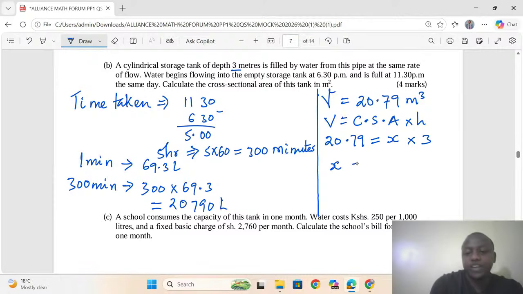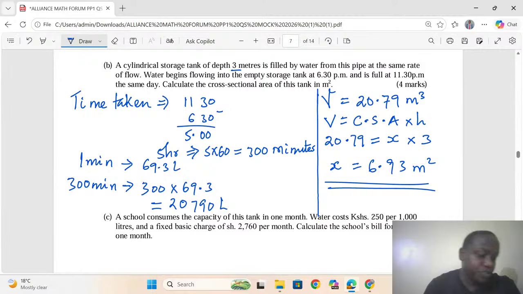So the cross-section area can be obtained when we divide this by 3. When you divide by 3 both sides, you get 6.93 meters squared. So now we have the cross-section area of the cylindrical tank.